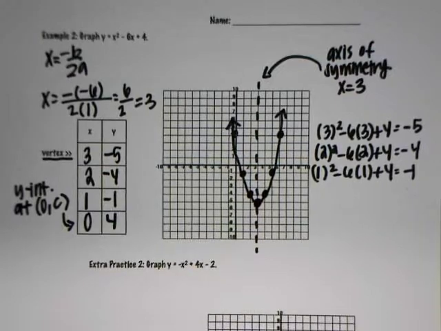Wait, why am I getting like 18, 19, and 30? I think I'm doing this wrong. What the heck is this all the way up here?